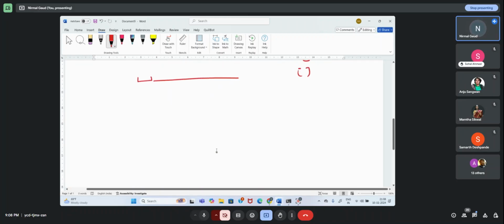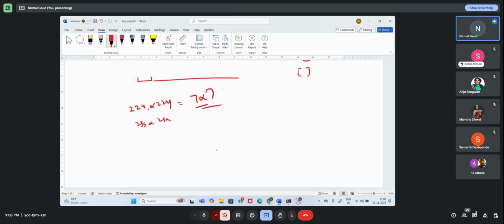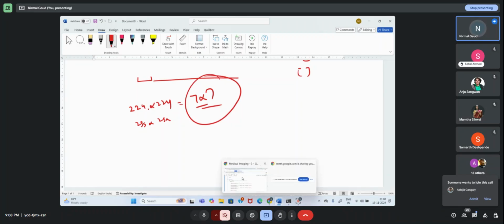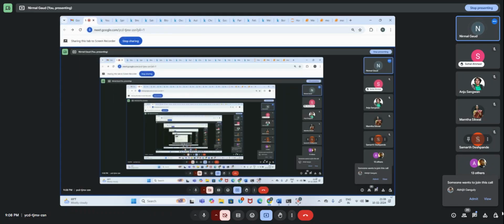So in VGG 16, 19 and all these, you started with an image of 224 cross 224 width and height, or 299 by 299, and you got it reduced to 7 by 7. This is the size of the image which you got after applying VGG 19 and all this.